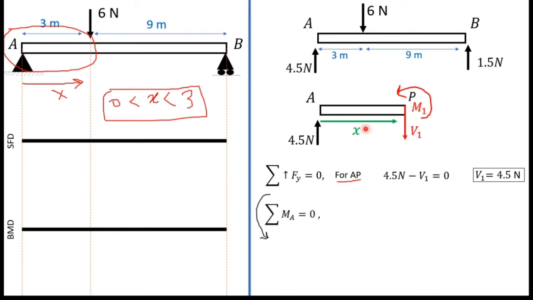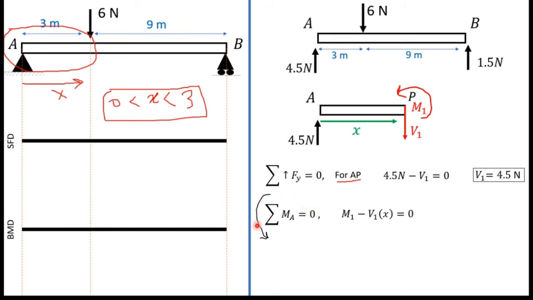Next I am going to take the moment about point A. If I take moment, I have to write M1 because M1 is in the same direction we consider, minus V1 times X. That means the moment due to this force. The force is V1. The moment due to this V1 force is clockwise.